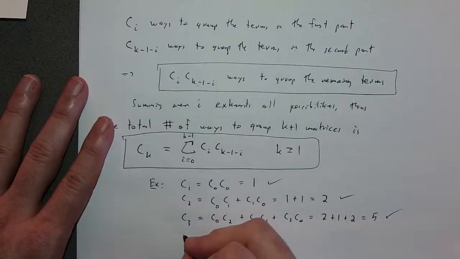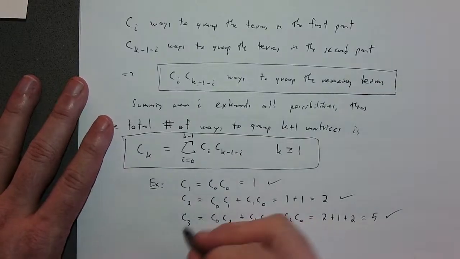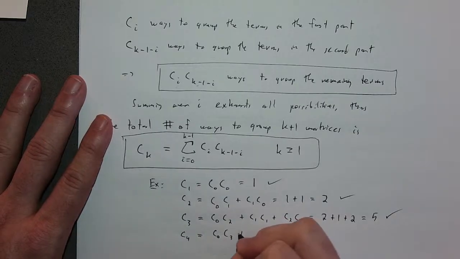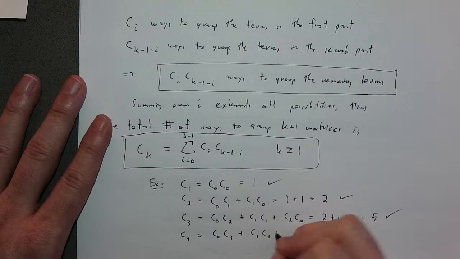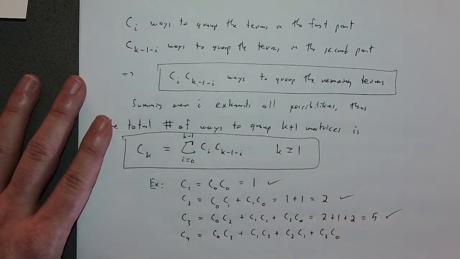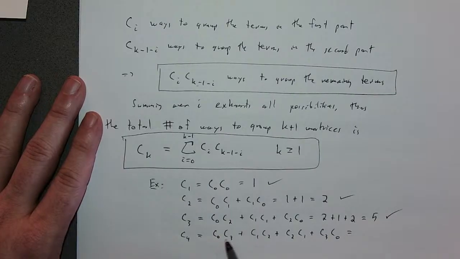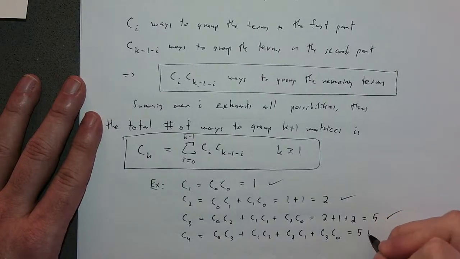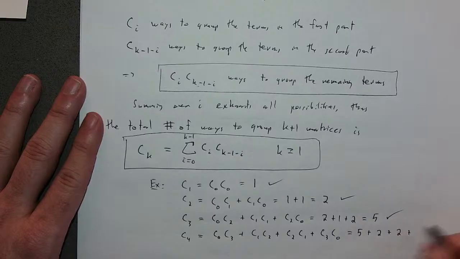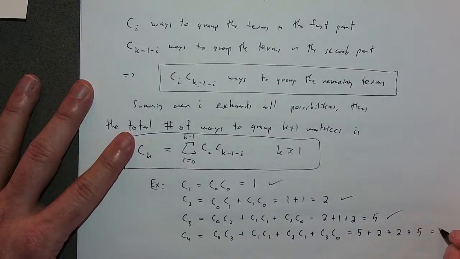And one more, just to do it. C sub 4 is C naught C3 plus C1 C2 plus C2 C1 plus C3 C naught, which is 1 times 5 plus 1 times 2, 1 times 2, 1 times 5, which is 14.